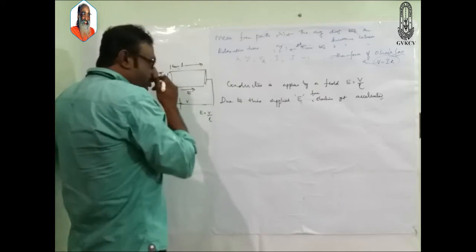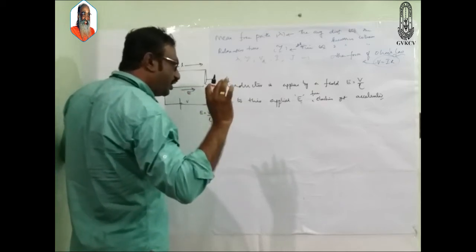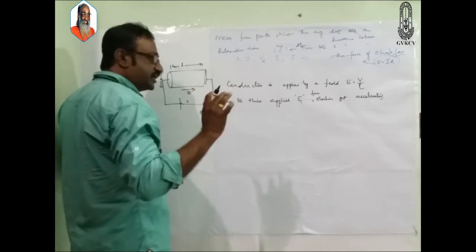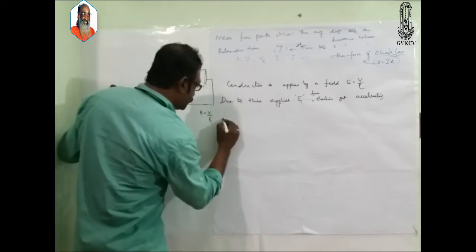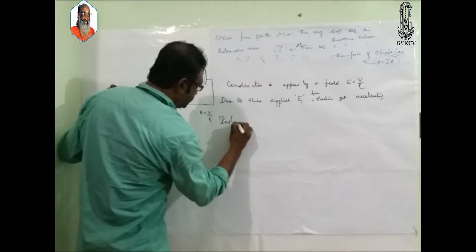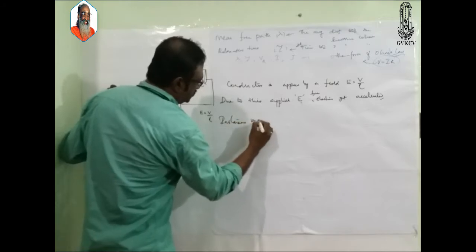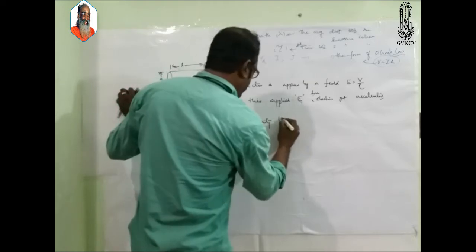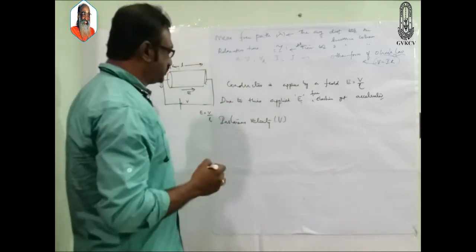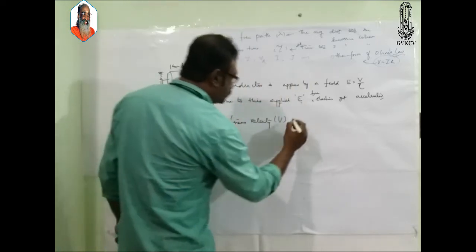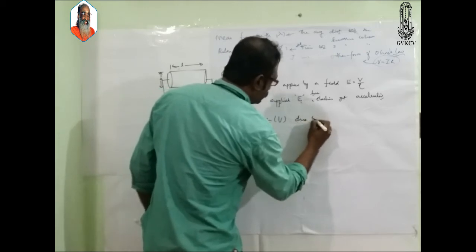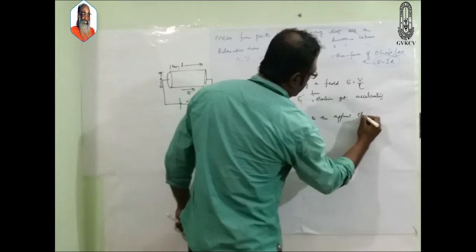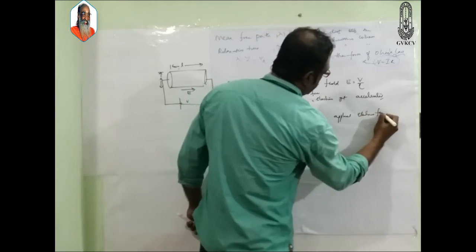If you want to talk about this velocity, let us take the instantaneous velocity, the velocity at a particular time. Let us denote this by v, the instantaneous velocity v due to the applied electric field E.